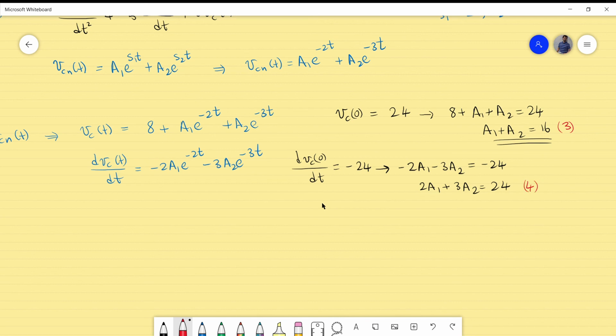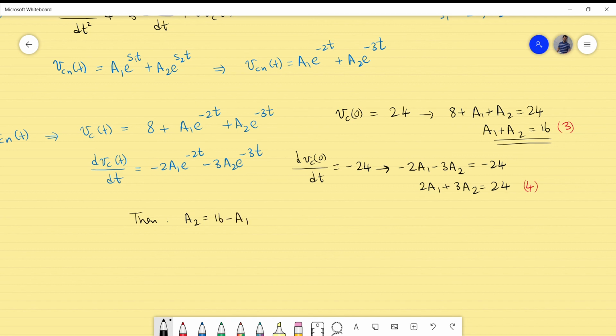Now there are different ways to calculate this. What I can do is rewrite equation 3 such that I can make a2 in terms of a1. I can say a2 is equal to 16 minus a1.